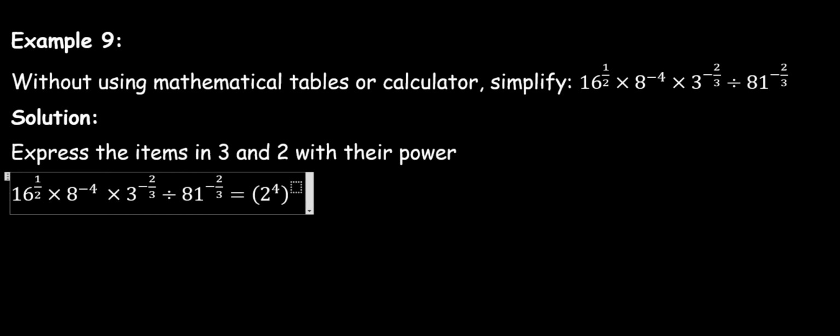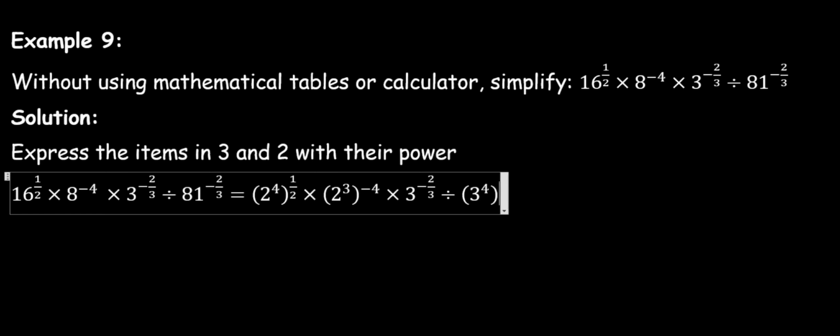4 bracket open and close then raised to power half times 2 raised to power 3 bracket open and close raised to power minus 4. That is, we have transformed 8 to become 2 raised to power 3 times 3 raised to power minus 2 over 3 divided by 3 raised to power 4 bracket open and close raised to power minus 2 over 3.